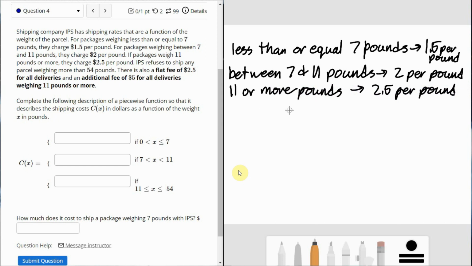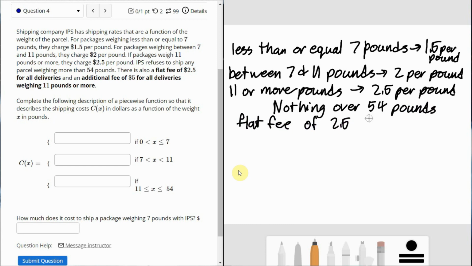They won't ship anything over 54 pounds. There's a flat fee of 2.5 for all deliveries.